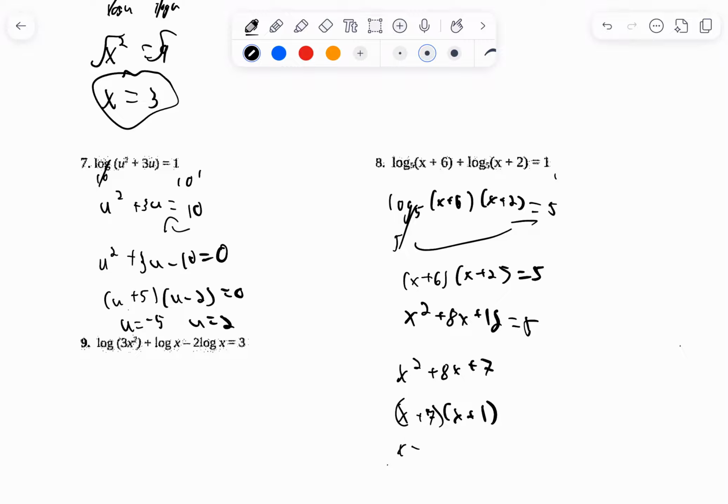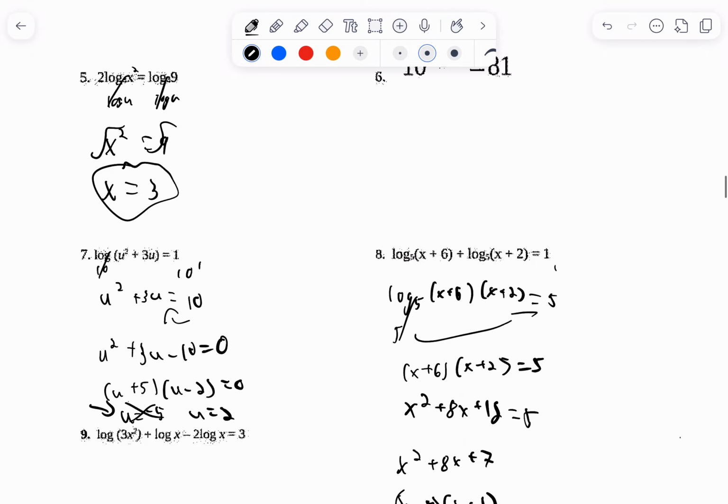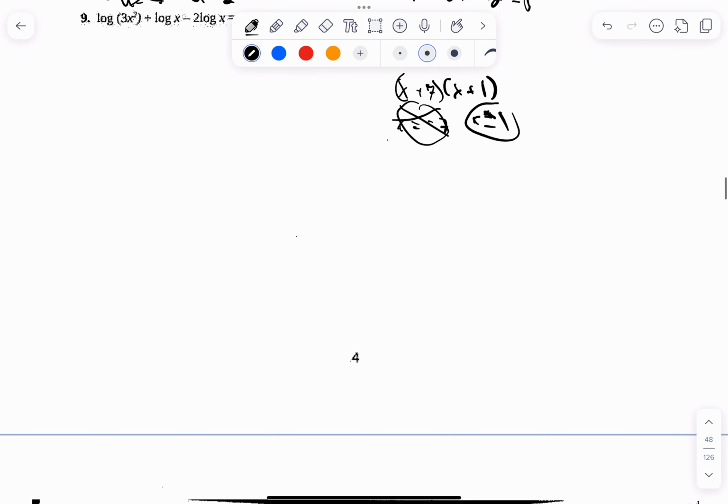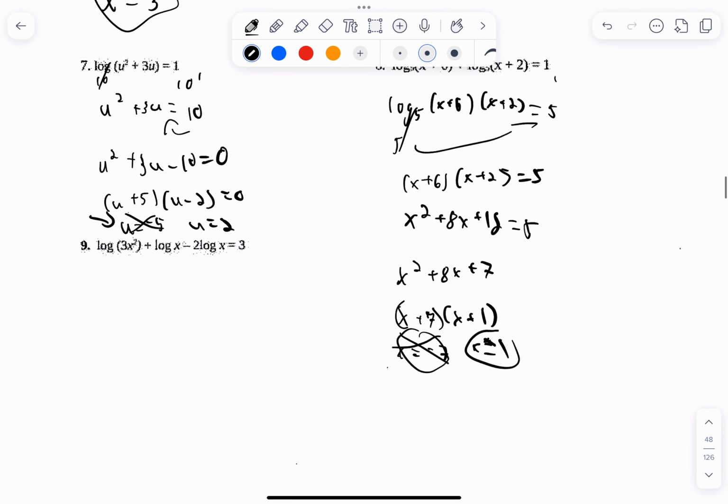And so x equals negative 7, x equals 1. But you would reject the negative 7 because you can't have a negative log. And you'd also reject the negative over here. Whenever there's a negative, you reject it because logs don't like negative numbers. They always stay positive.